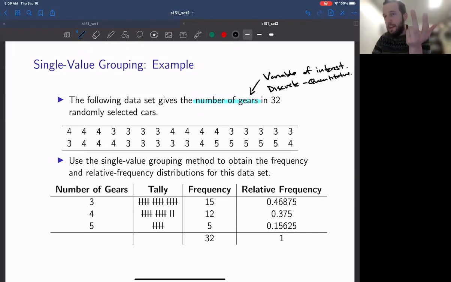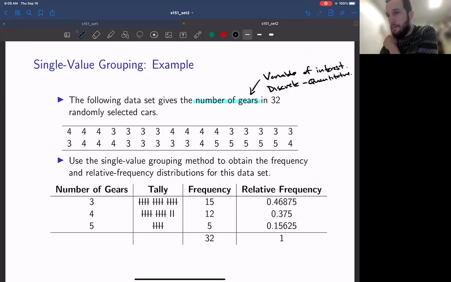However, for each number, we have a high amount of repetition. So we have a lot of 3s, a lot of 4s, and a fair number of 5s. So this is the kind of data set where we would want to utilize single value grouping, okay? Discrete quantitative data, low number of unique values, high amount of repetition.